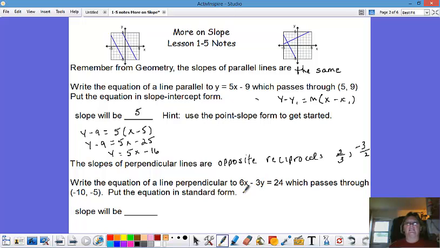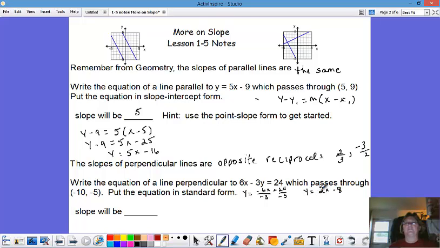And so my line is going to end up being y equals, subtract the x term, negative 6x plus 24, all divided by the y coefficient, which is negative 3. So this line would have this slope-intercept form, y equals 2x, whoops, that's negative 3, minus 8.